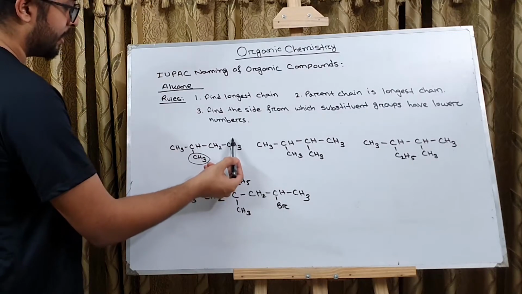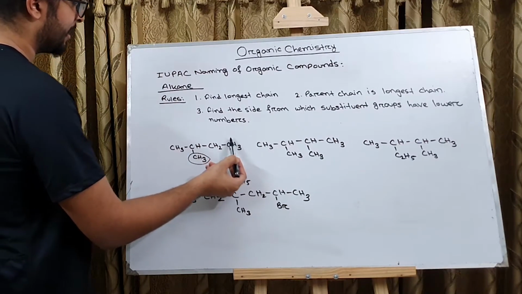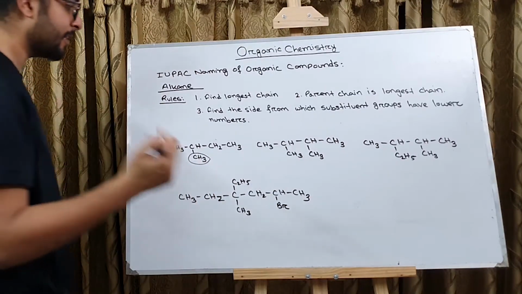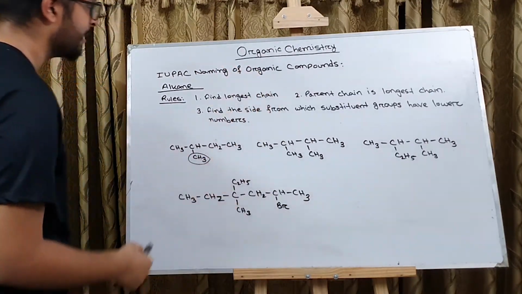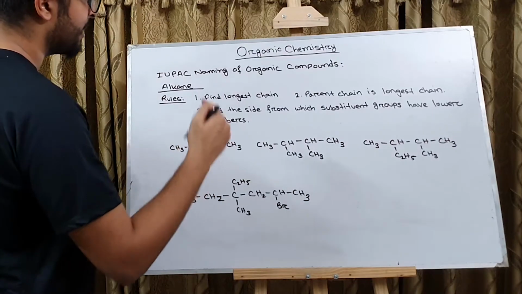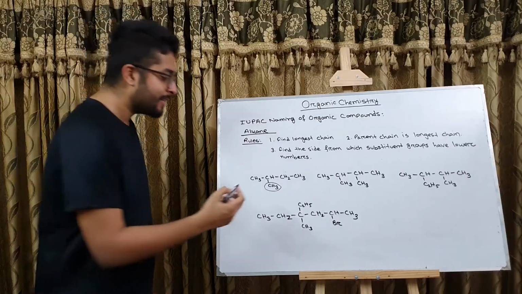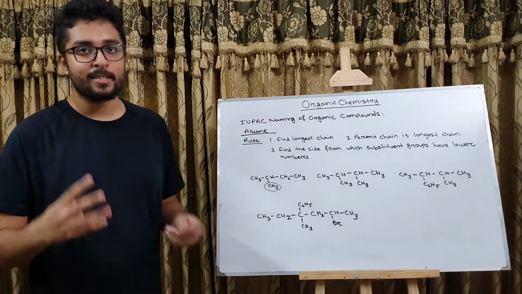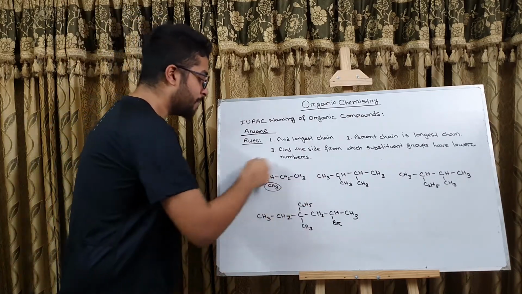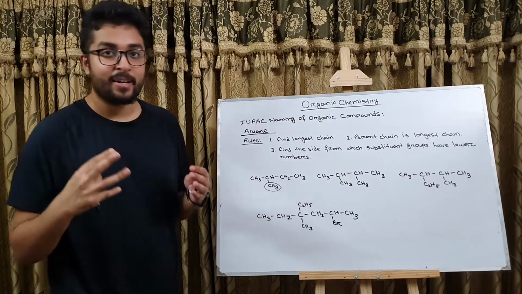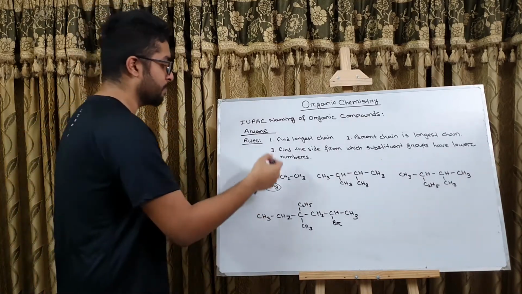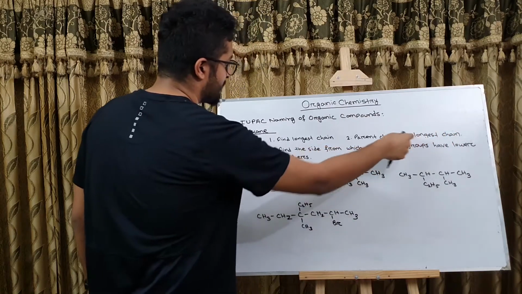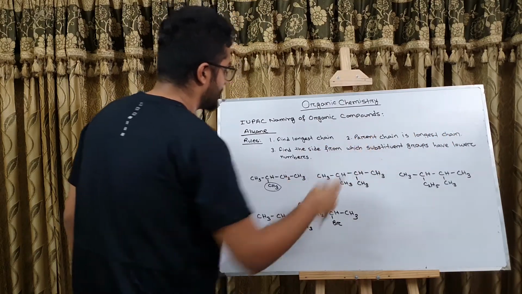And if I number the carbons from here, then I will also have 1, 2, 3, 4 carbons. Clear? So it's butane from either side. Then the parent chain is the longest chain. As I identified the longest chain, I immediately say that it's butane. So the parent name would be butane, since the longest chain is always the parent chain.